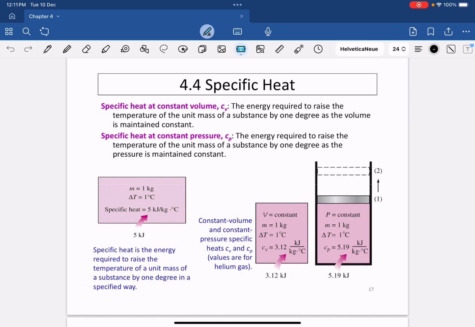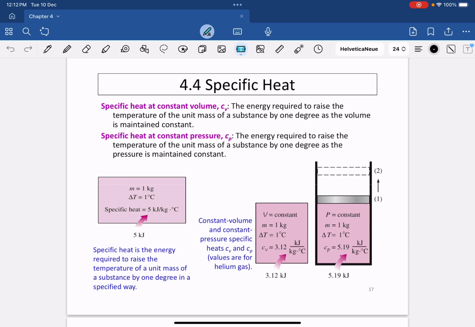Specific heat of any material, or specifically of a gas, tells you how capable that particular gas or material is of storing heat.